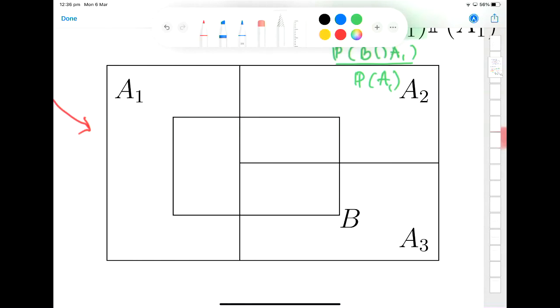Then can we compute the probability of B? Actually, you don't need the last one because of A1, A2, A3.